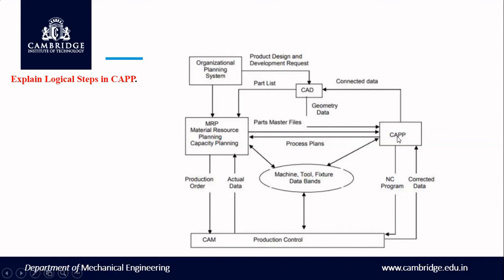It will go to the CAPP, either it may be an NC program or corrected data. With the NC program, you can do the production. Once again, if you correct the data, you give the things again. And then here it is interconnected. That is machine tool pictures and data banks.